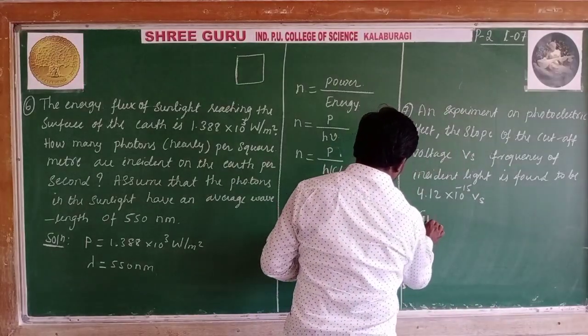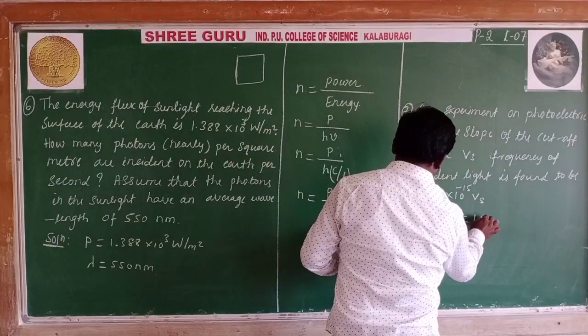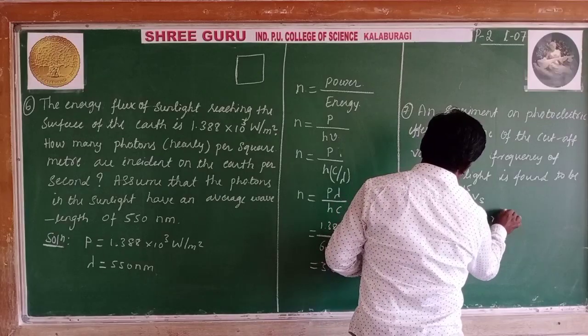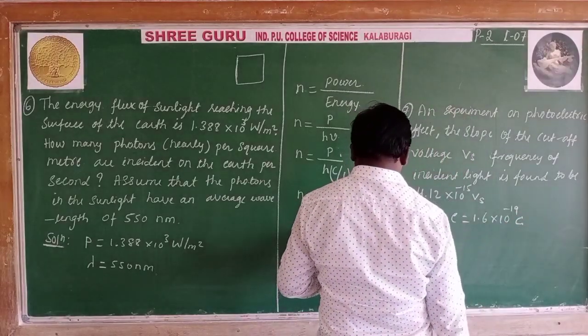Given data is, they mention the given data, e is equal to 1.6 into 10 raised to minus 19 coulomb. If they have not mentioned it also, you should remember these values.